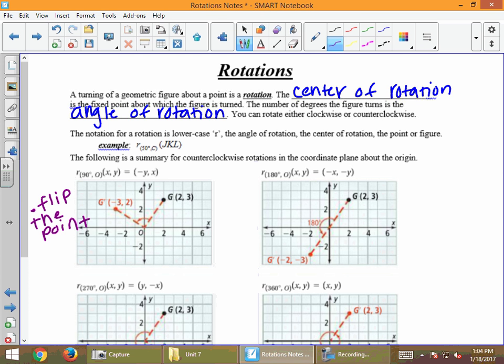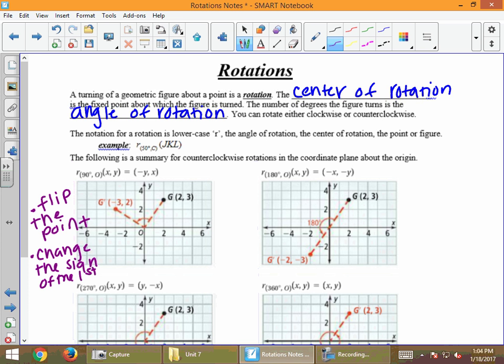And then what you're going to do is change the sign of the first. Definitely write this down. It's something you have to remember. It's your responsibility for knowing these rules. Okay? So whenever you're asked to rotate something 90 degrees, every time you flip the point, the X and Y trade places, and then you change the sign of the first one.